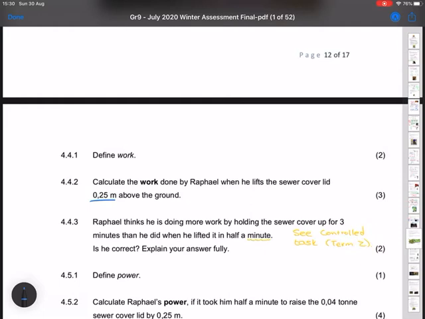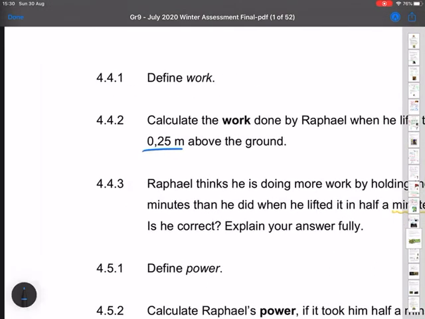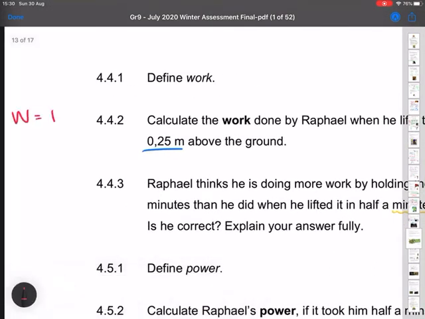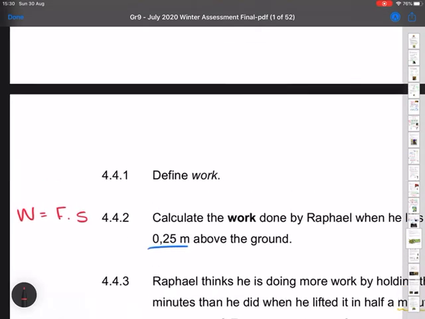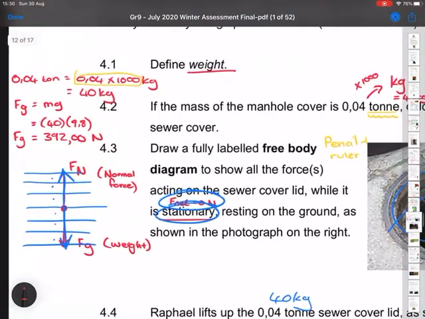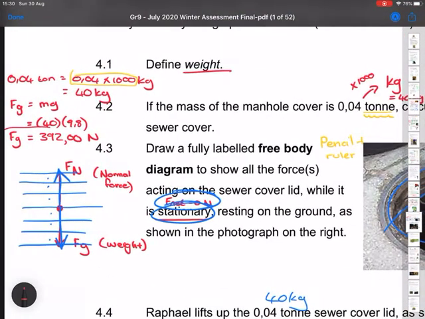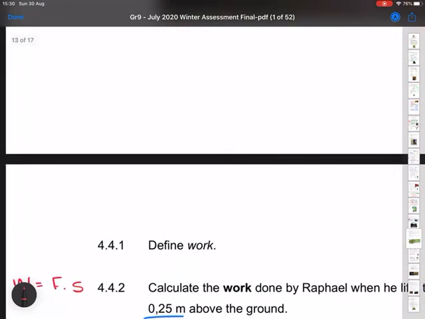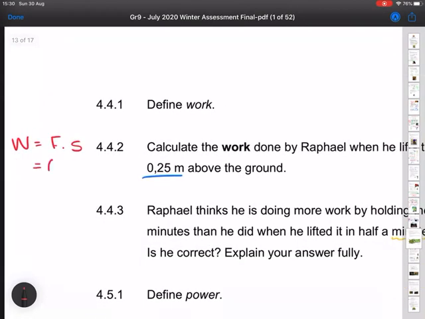Formula for work. Work is equal to force times distance. Okay, you calculated the force. This was the force of gravity that you calculated above over here. Fg is equal to 392 newtons. 392 times 0.25.